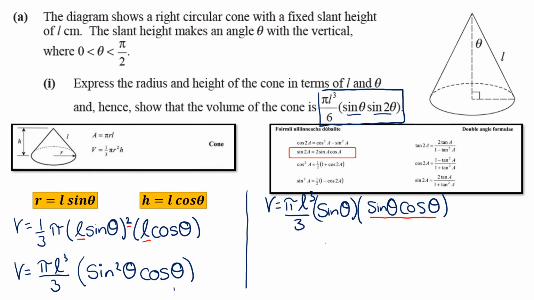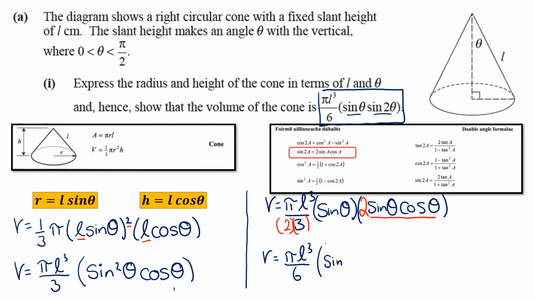Now the only difference is there's a 2 in front of it. So if I wanted to put a 2 here, I could balance it out by putting a 2 underneath the line. Effectively, because all of these pieces are multiplied together, those 2's will cancel each other out. They would divide into each other to give 1. And now I can use my identity. So this tidies up into pi L cubed over 6, which is what I wanted.